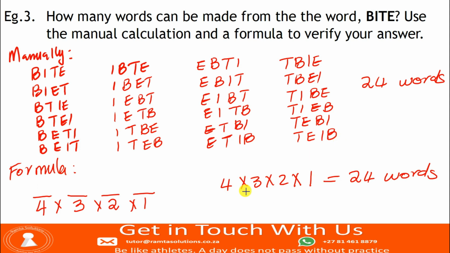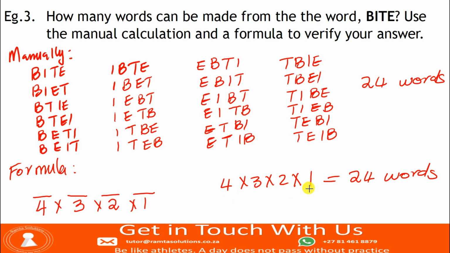So this is an introduction to what we call factorial notation, which you will see shortly. As you can see, it's still counting principle. It means you have 4 events. For the first event, you have 4 outcomes. For the second event, you have 3 outcomes. For the third event, you have 2 outcomes.